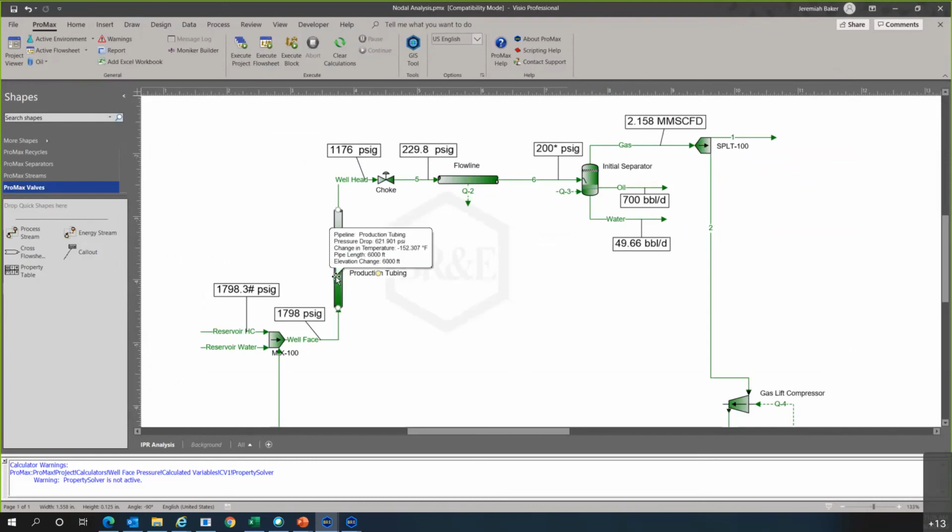Because you're right in the fact that I mentioned that most of the time, the goal of the gas lift is to at least eventually flow all the way to the bottom of the well and come up. But that isn't always the case. If only a certain section of tubing is the problem that you're seeing, then you can actually inject at a midpoint, and that would help you eliminate or minimize your compressor power, because you don't have to get all the way to the very bottom well face pressure.